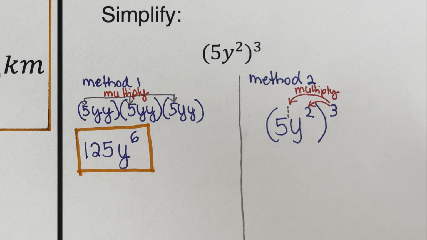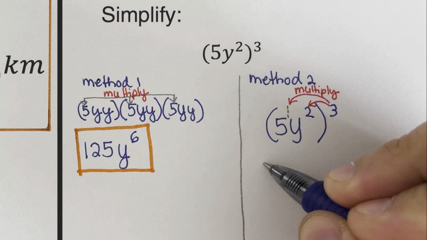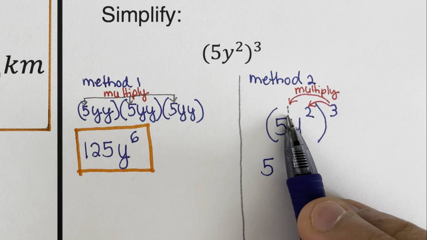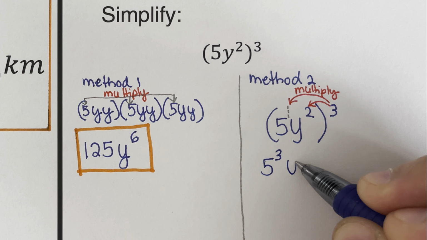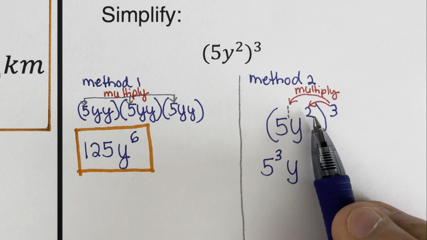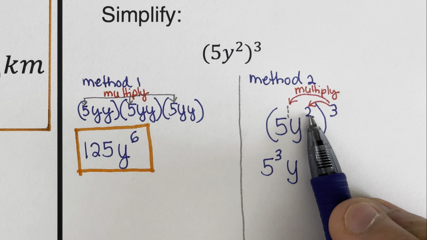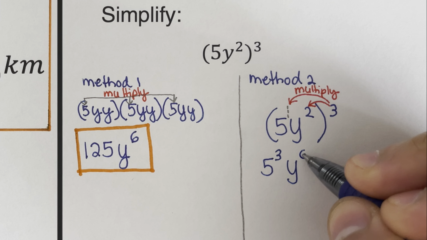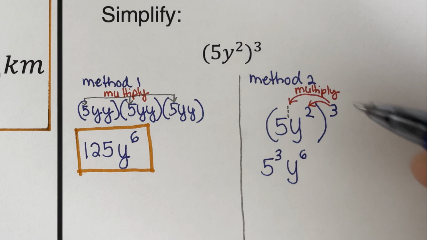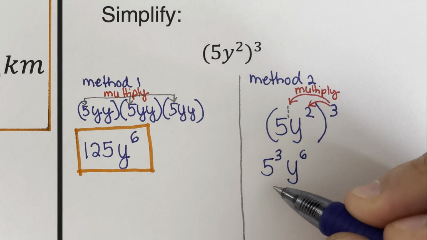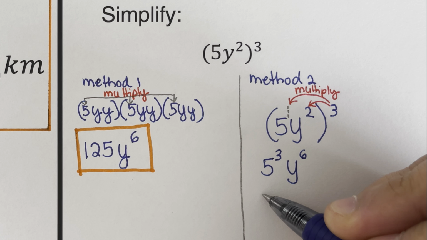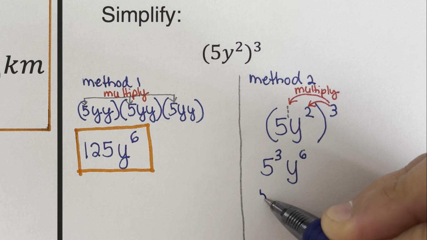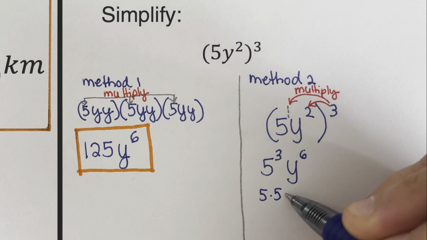So this comes out 5. We're just going to go ahead and write 5. And then we have 1 times 3 is 3. And then we have y raised to the power 2 times 3 is 6. So then we can go ahead and simplify this. Actually, 5 to the third power means we're going to have 5 times 5 times 5.